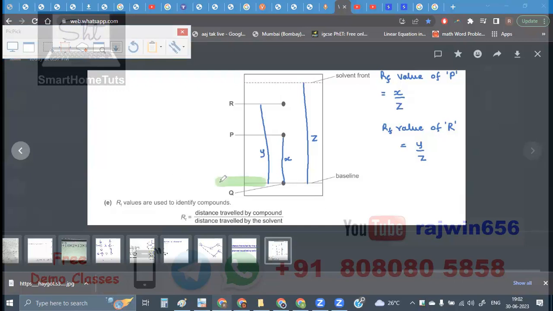This is from where the experiment has begun, the baseline. Solvent front has traveled up till here, so that is distance Z.